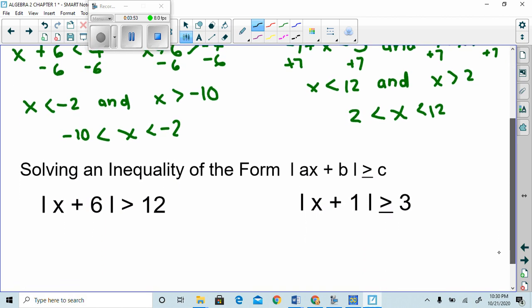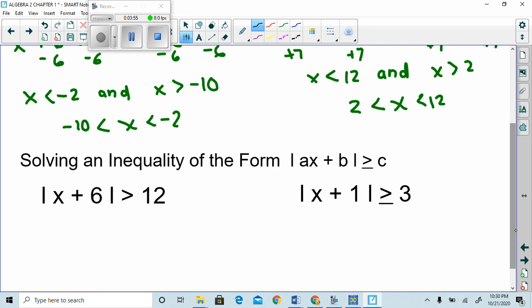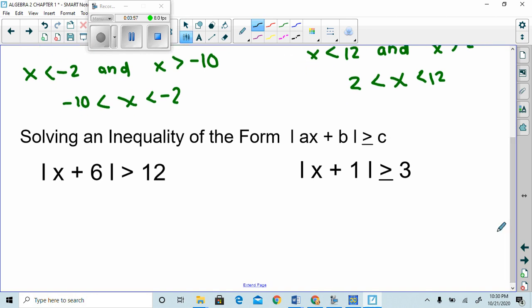In the second type, which is the greater than or the greater than or equal to form, we're going to once again solve twice, except that this is going to be going like a compound OR type. x plus 6 is greater than 12, or x plus 6, reverse, is less than negative 12.